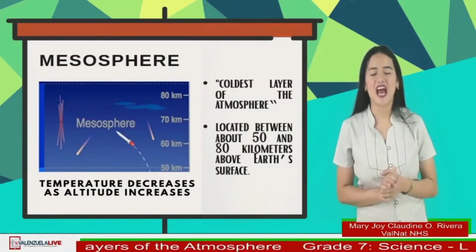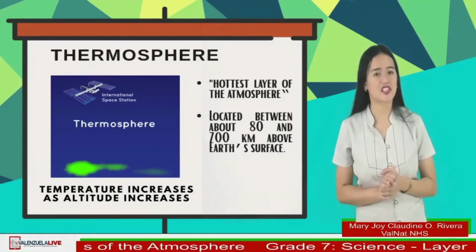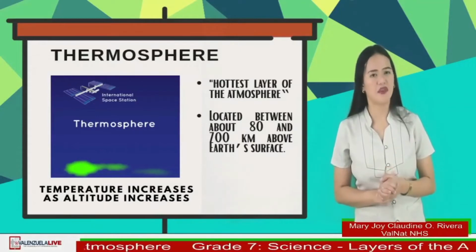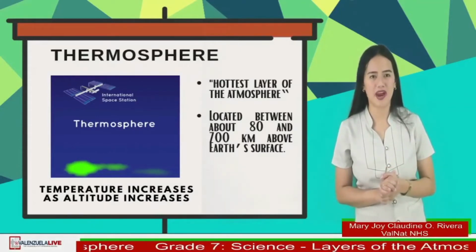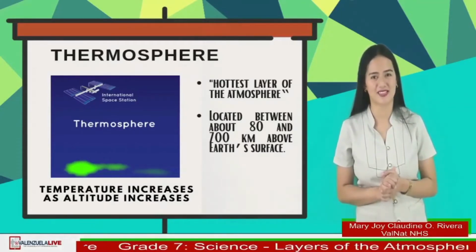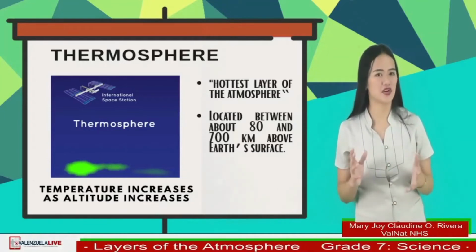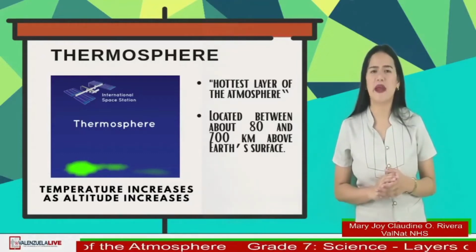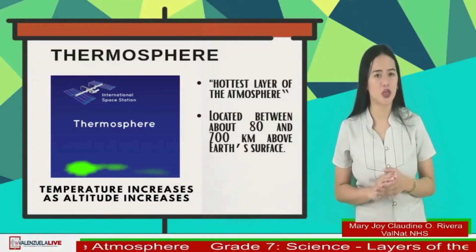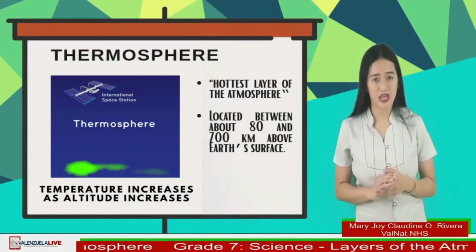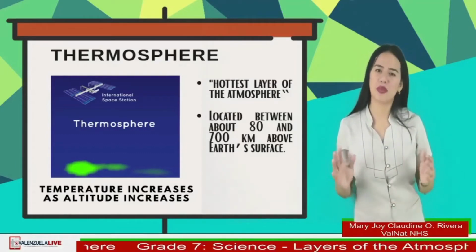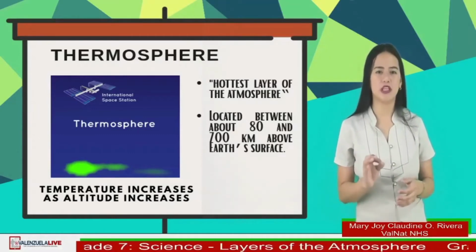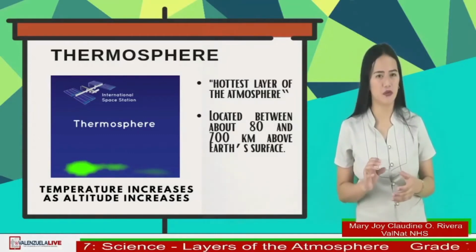Following is the thermosphere. It is located between 80 and 700 kilometers, or 50 and 440 miles above Earth's surface. In this layer, temperatures increase with altitude due to the very low density of molecules found here. It is both cloud and water vapor free because there are relatively few molecules and atoms in the thermosphere.